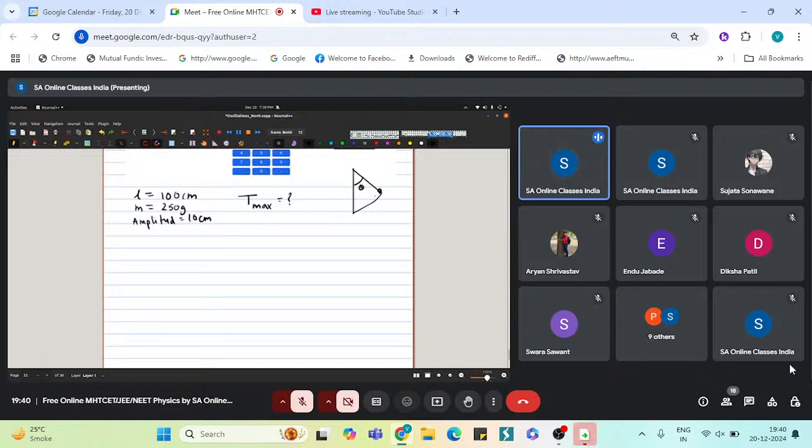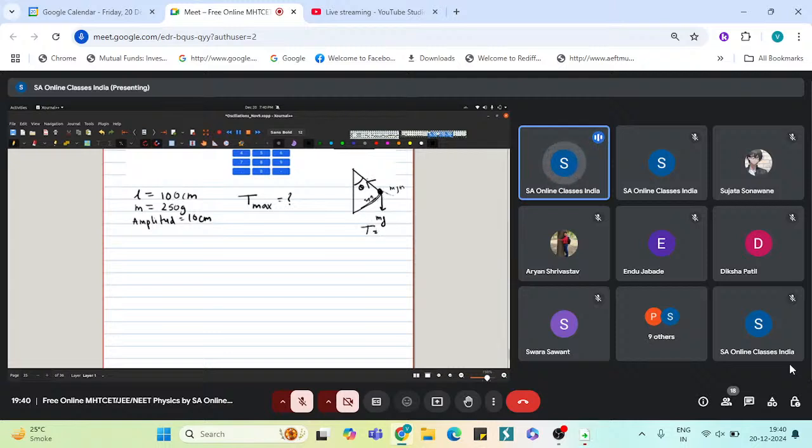And if you remember how we had derived that formula, we had taken this T, and we had taken this mg and then made it into different components. This was mg cos theta and this was mg sin theta, and then we had equated this with the restoring force, and that restoring force was minus mg sin theta, and from there we had found out the T value.